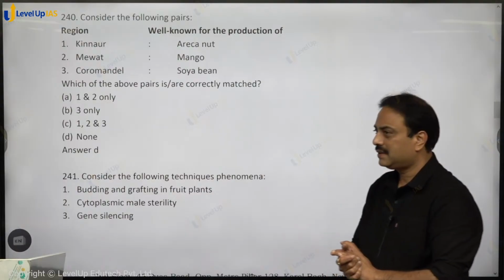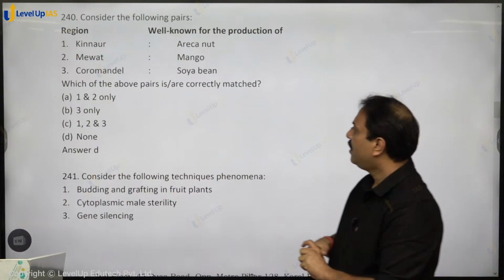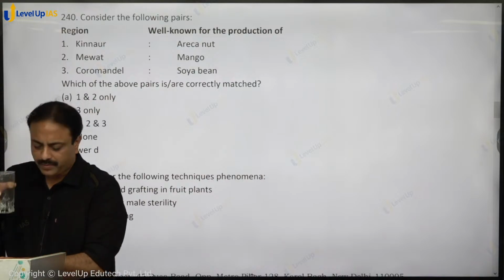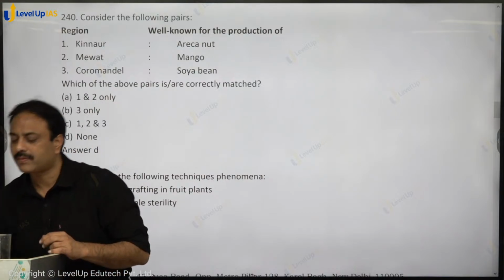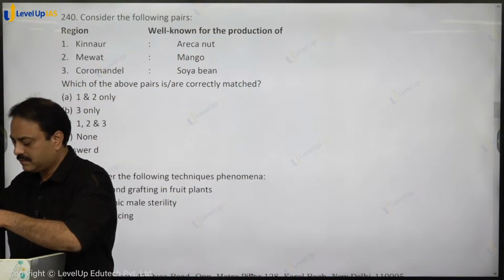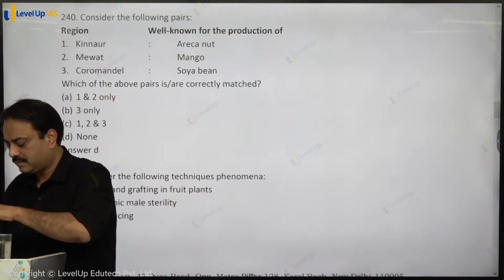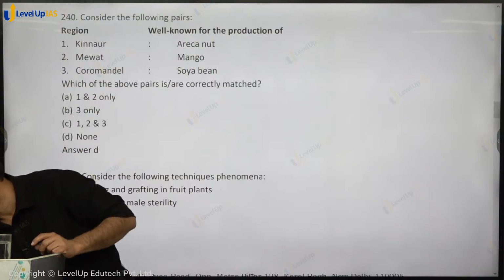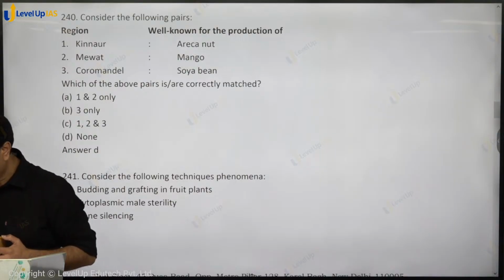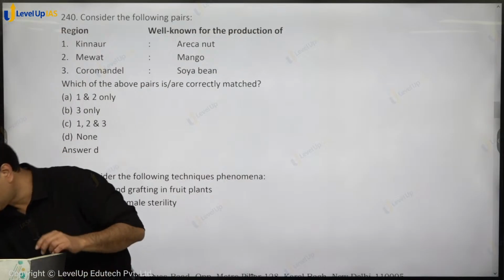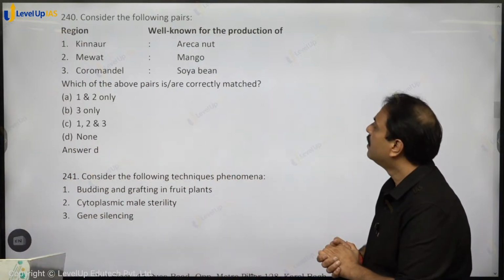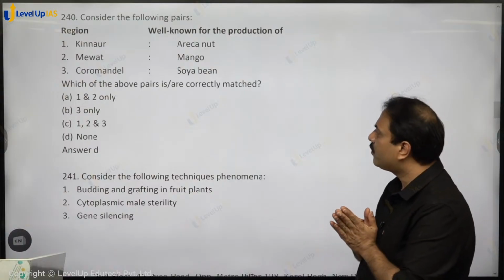Consider the following pairs, region and well known for the production of.